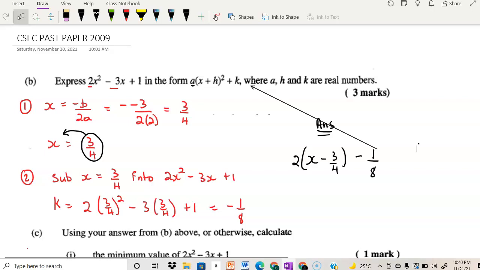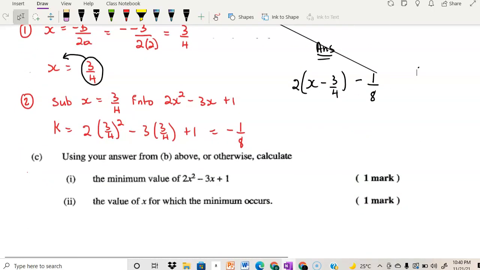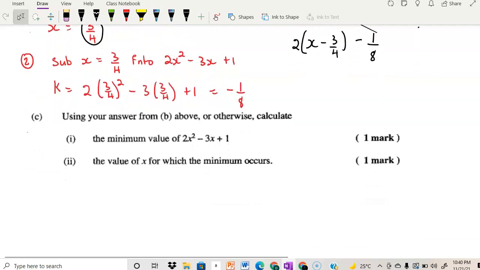Let's take a look at C. C reads, using your answer from B above or otherwise, calculate 1, the minimum value. Our minimum value is k, and that is where k is equal to negative 1 over 8. That is our answer there.